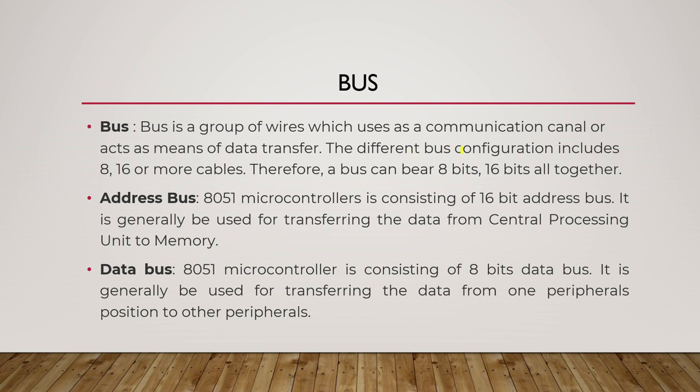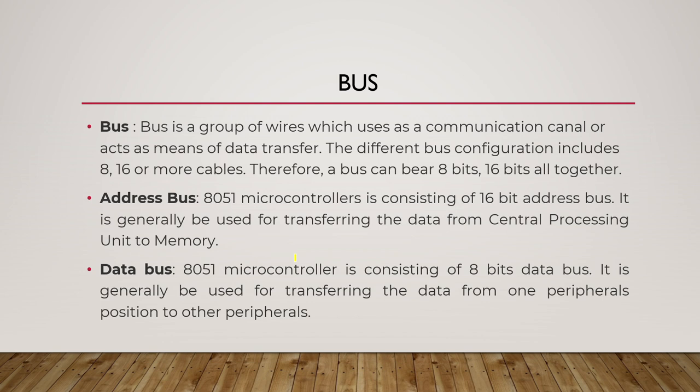The different bus configurations include 8-bit, 16-bit or more cables, and fewer cables as well. So a bus can carry 8 bits or 16 bits all together. For example, if your electricity wire's capacity is to transmit 100 volts only, and you give more than 100 volts, what will happen?